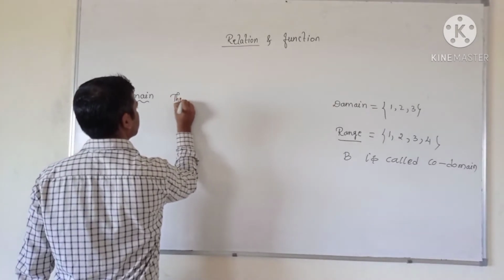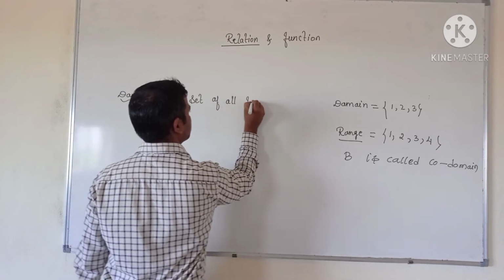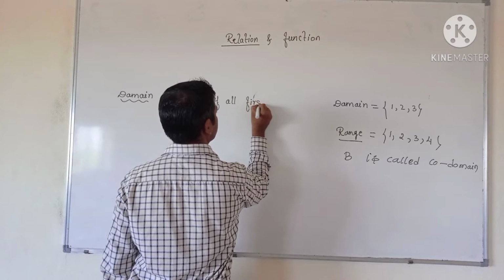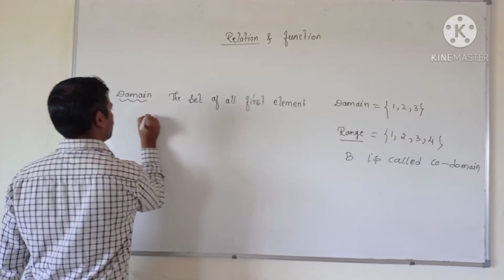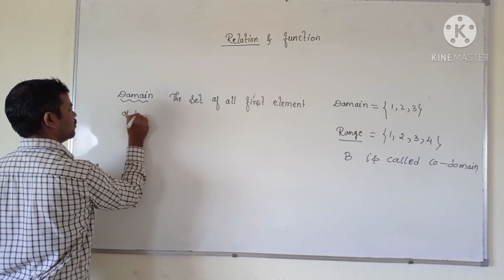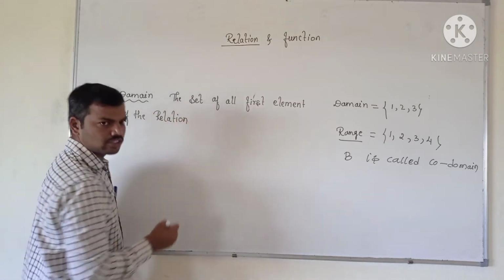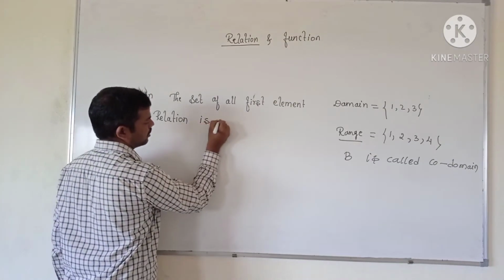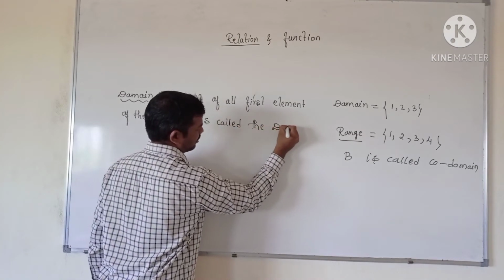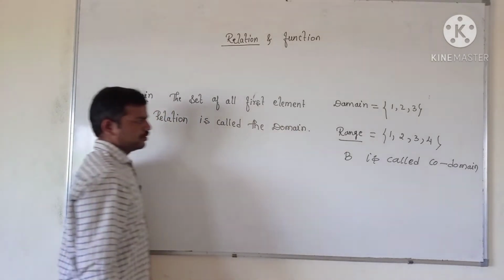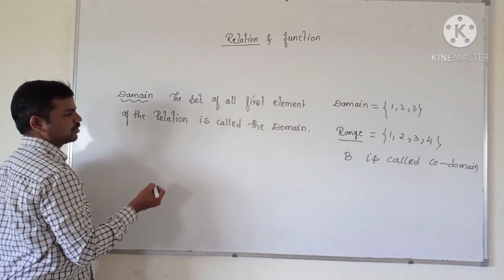The set of all first elements of the relation is called the domain. We indicate it with a capital D.